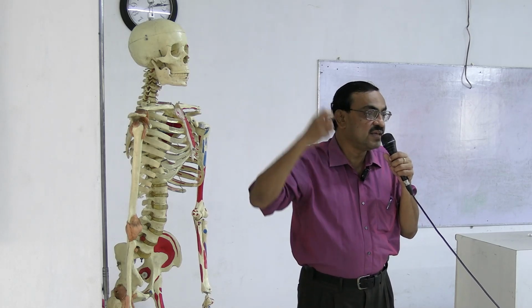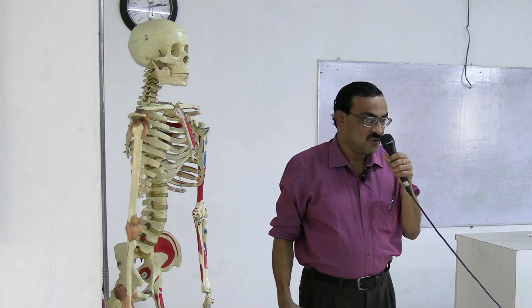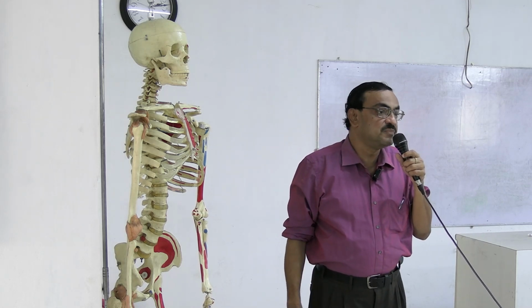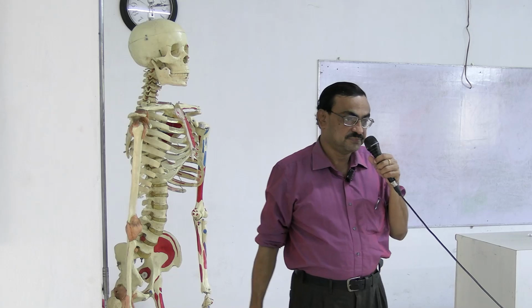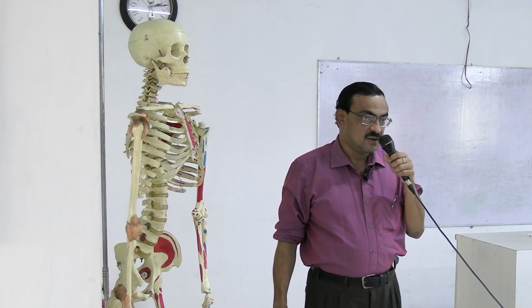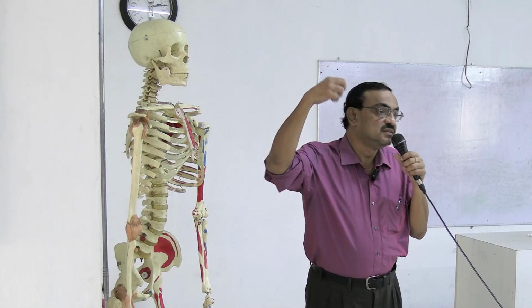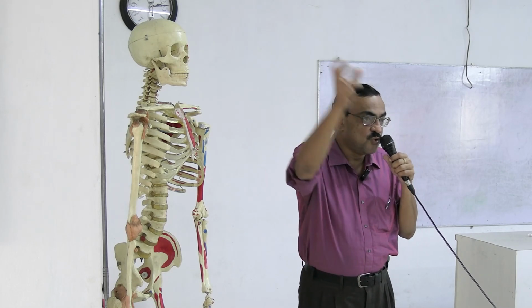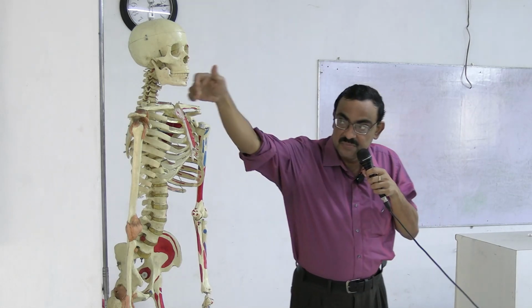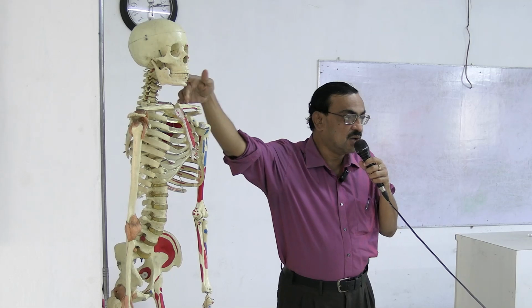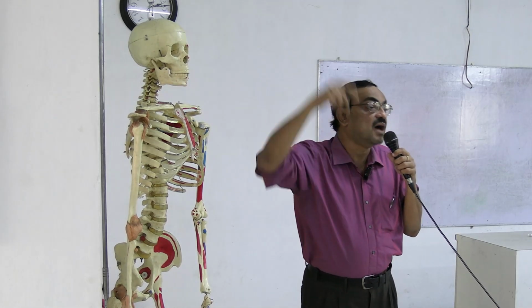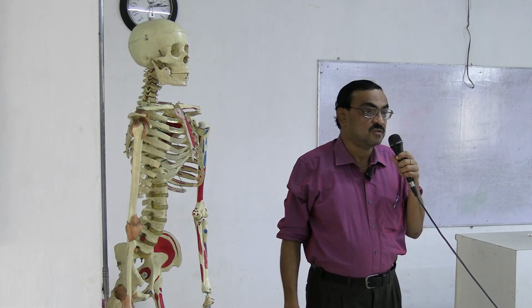From there we are getting the roots. The roots join to form some trunks. From the trunks we get some divisions, and those divisions unite just posterior to the clavicle to form the cords.